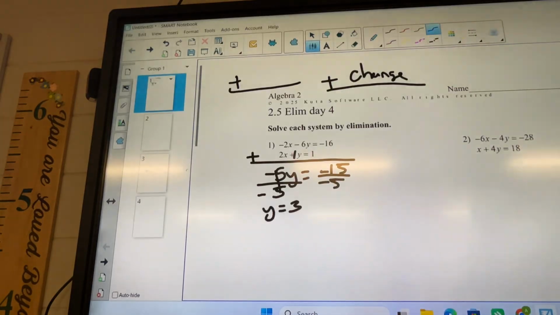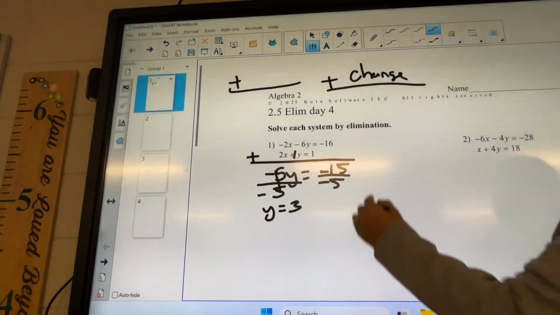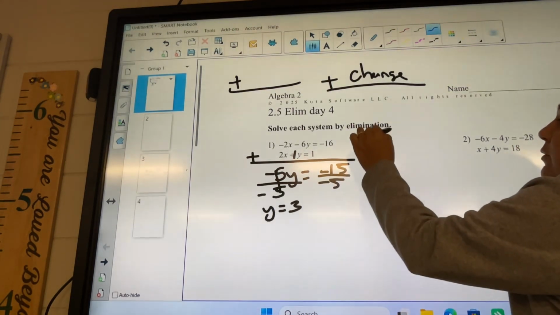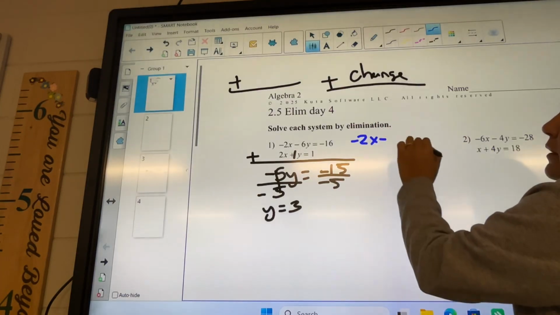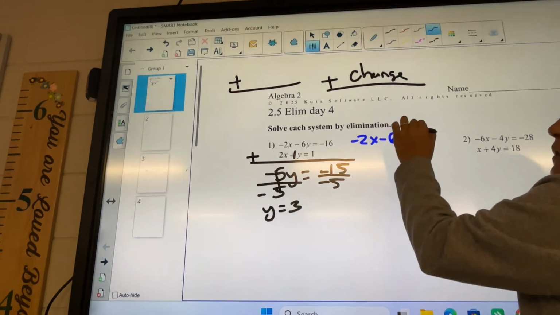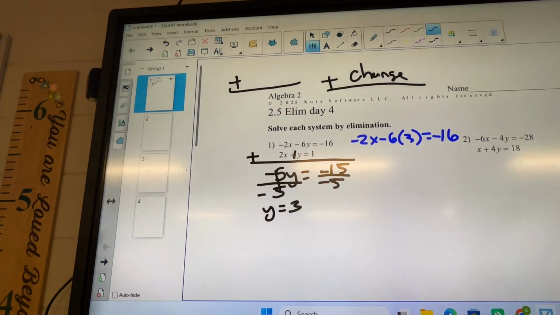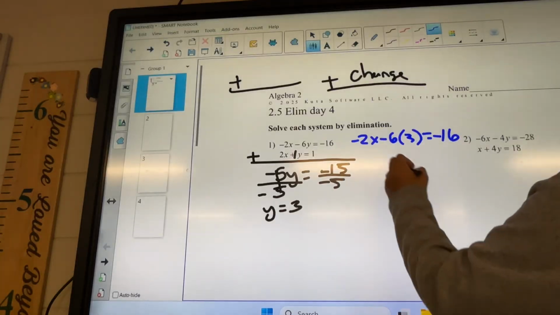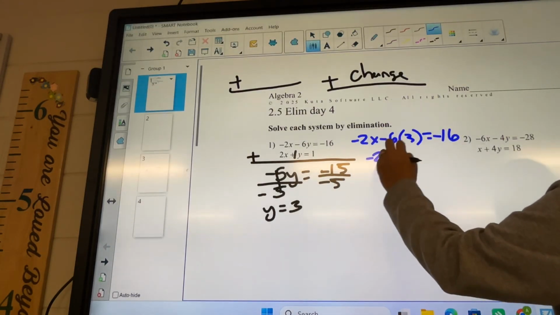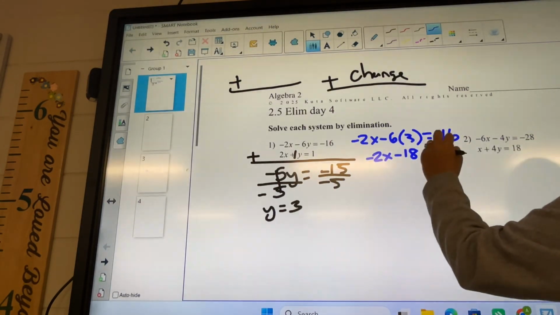Okay, and then we're going to use the top equation to plug it back in. So it's going to look like negative 2x minus 6 parentheses 3 equals negative 16. Okay, so negative 6 times 3 is going to be negative 2x minus 18 equals negative 16.